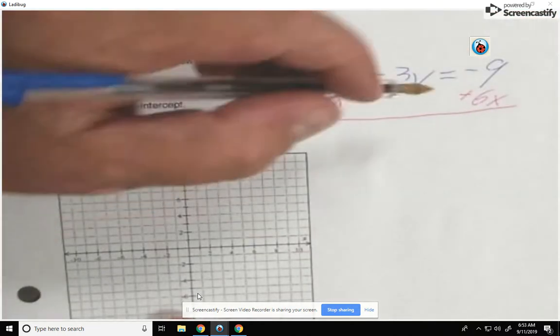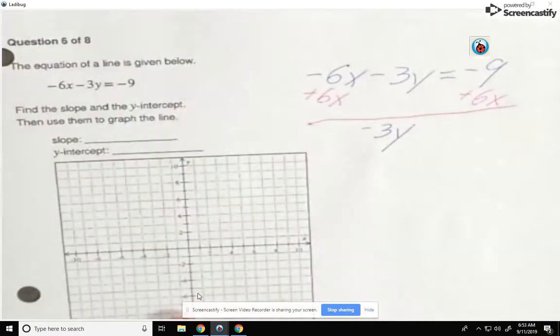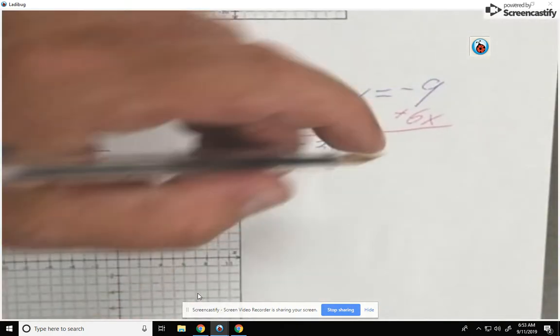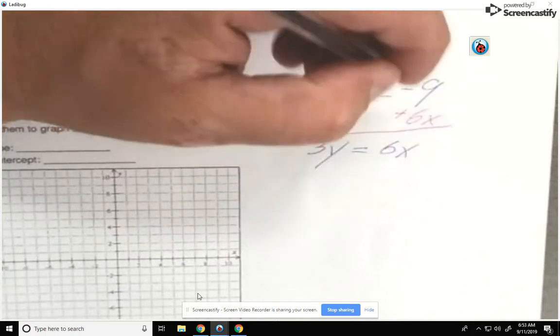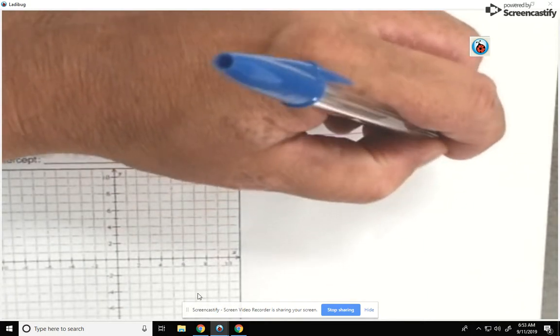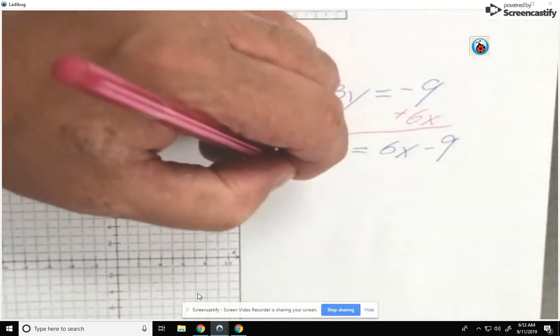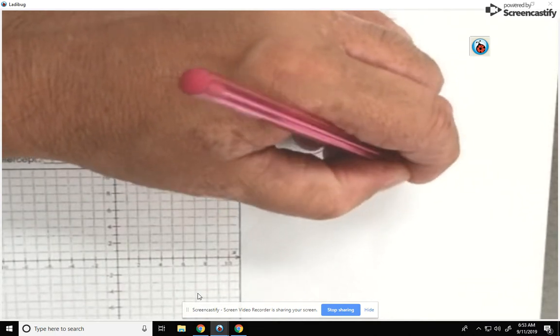So if we do that, this -3y comes down. Okay, we cannot combine the 9 and the 6x because they're not like terms, so we'll just go ahead and write it as 6x minus 9. Your second step, if there's a number on your y, you divide all three pieces by that number.